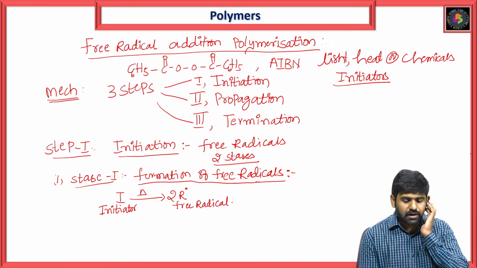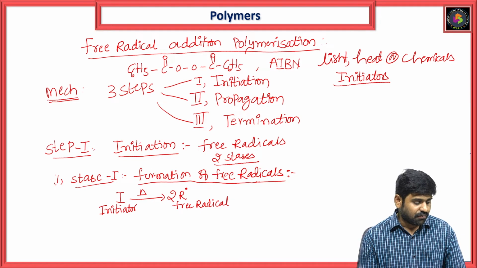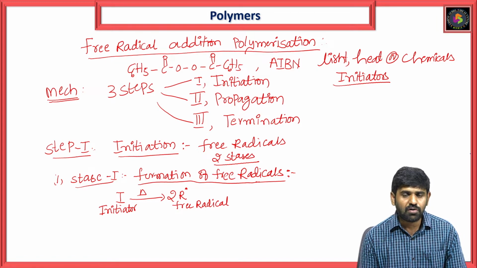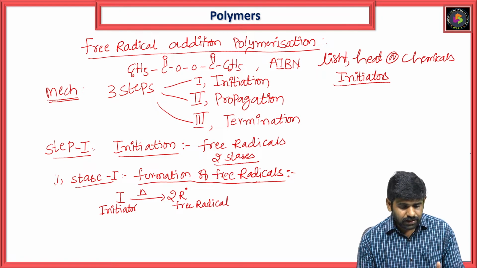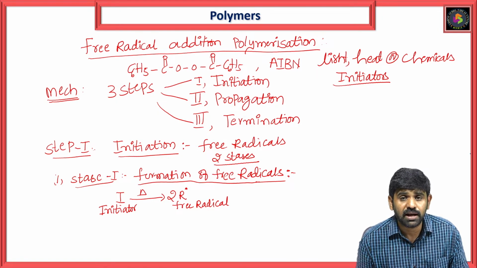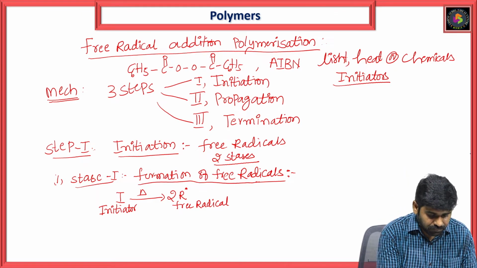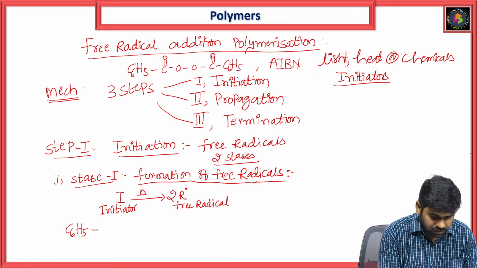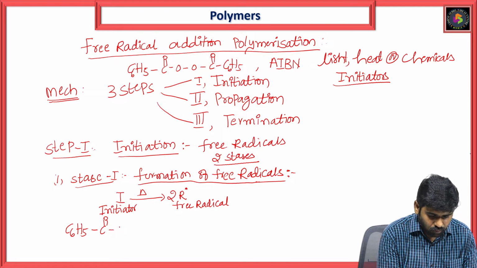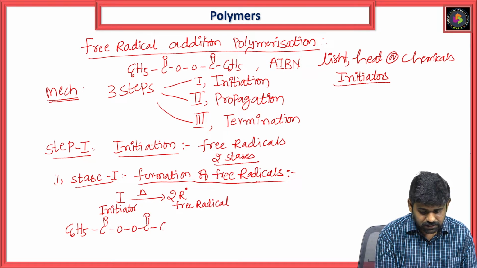For example, in this mechanism the initiator is benzoyl peroxide, whose formula is C6H5COOOCOC6H5.